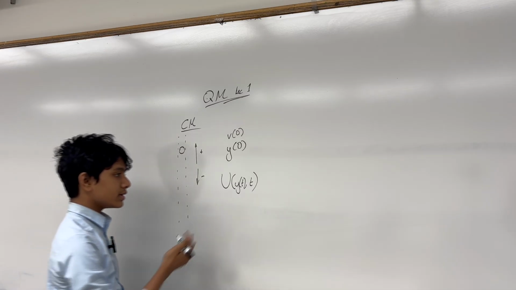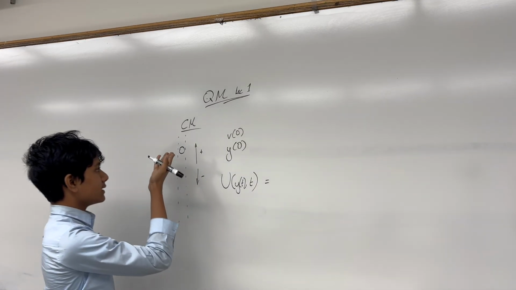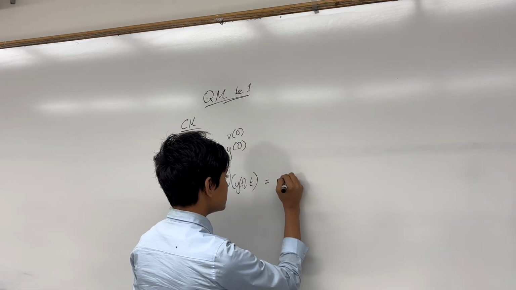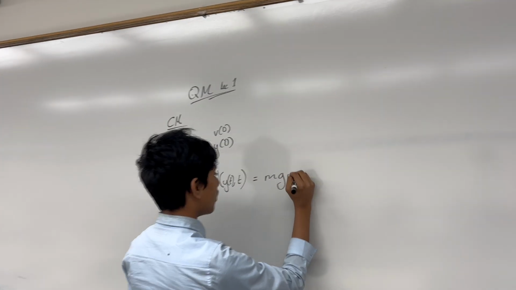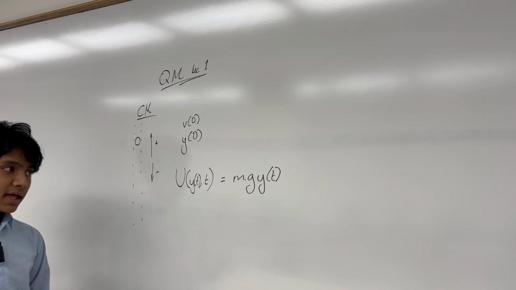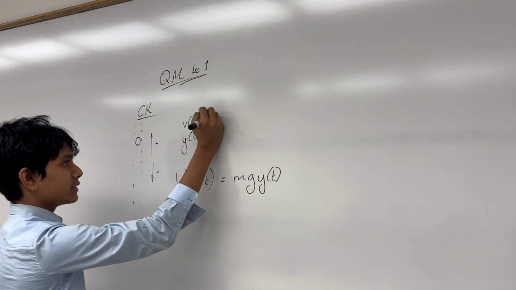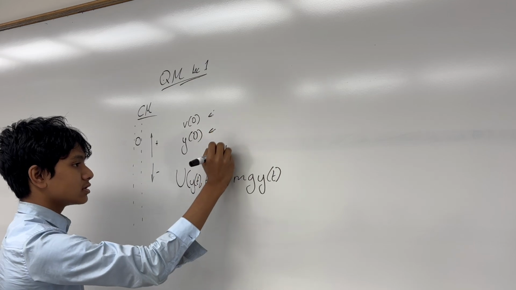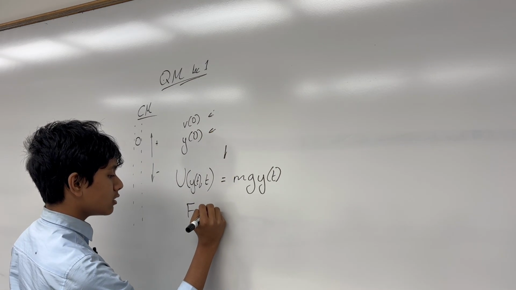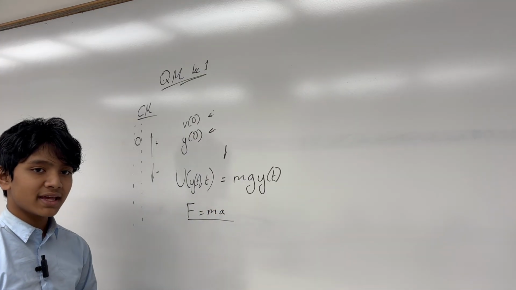So, what is this potential function? Well, in the case of this ball, it's mgy. So then, how do we calculate the motion of this ball from these three essentials? Well, it all comes down to Newton's second law, which defines the entirety of the Newtonian formulation of classical mechanics.